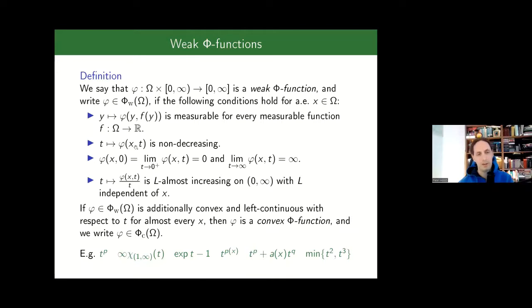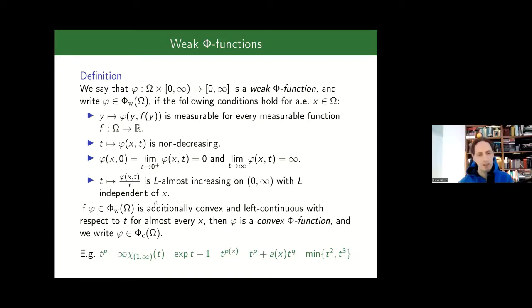Well, first of all, we still have to have a non-decreasing function. And then here are some limit conditions, how it behaves at 0 and at infinity. This ensures that we have a non-trivial case. And then instead of convexity, I have this assumption that phi(t) divided by t is almost increasing.